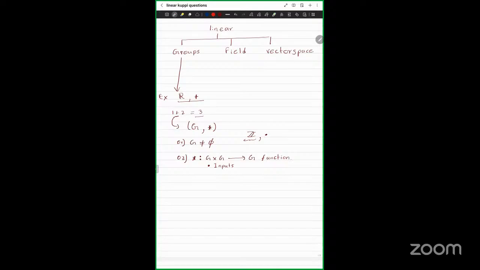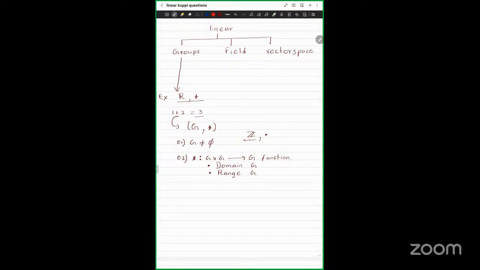If we write it correctly, the domain should be G. Domain means the inputs; we should get them from G. The output we call the range, and the range is also in that set.